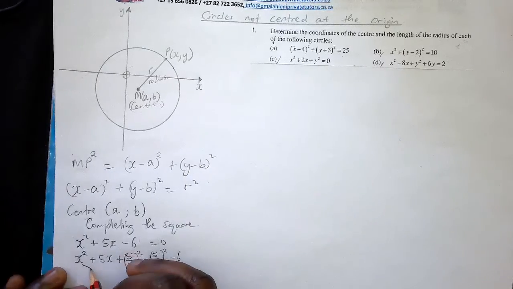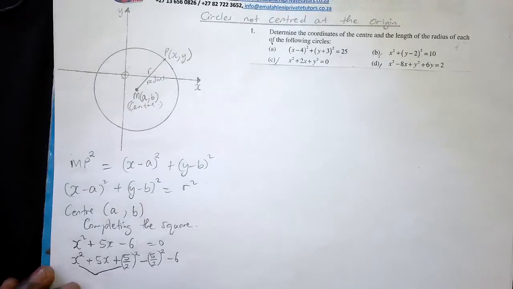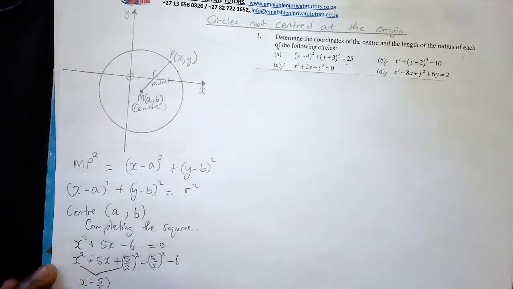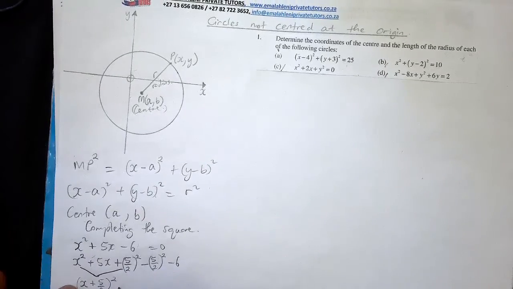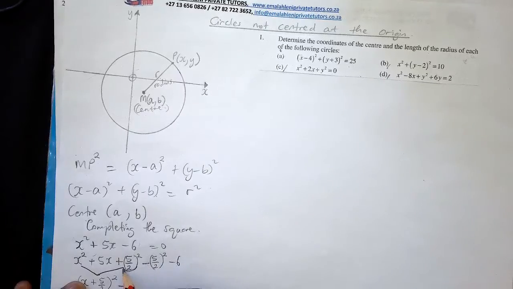So these first three terms will give what you call a perfect square. You take the sign that we have here, so you say (x plus 5 over 2) squared. This gives you the perfect square from the first three terms.